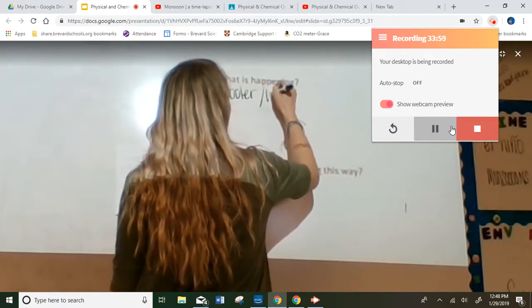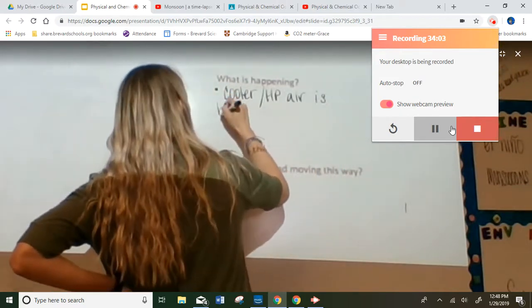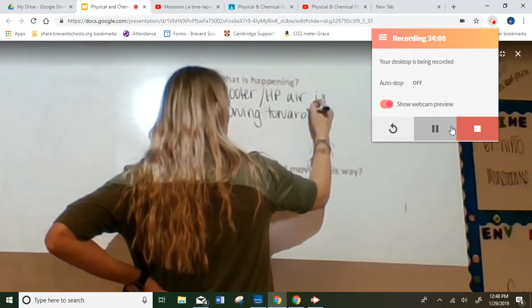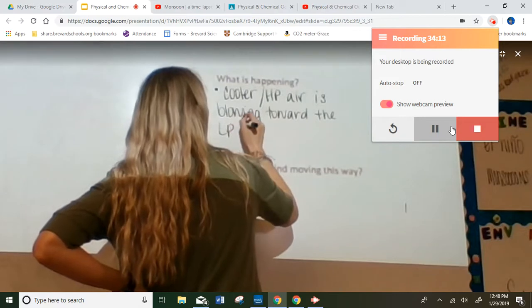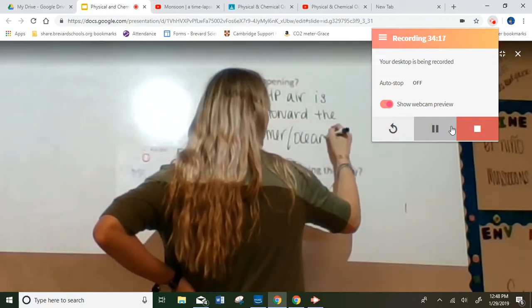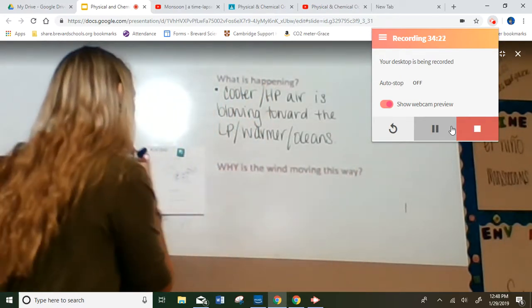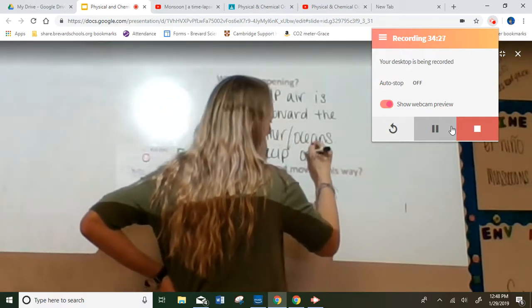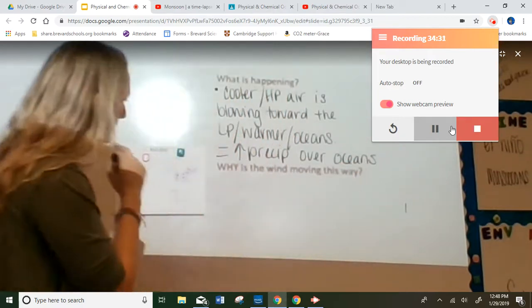So cooler, high pressure air is blowing toward the low pressure, warmer oceans. That means there's going to be high precipitation over the oceans and not on land.